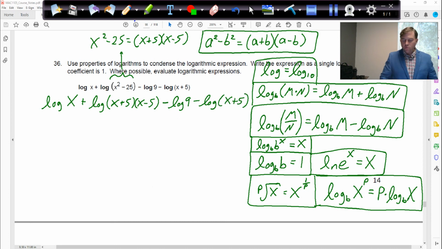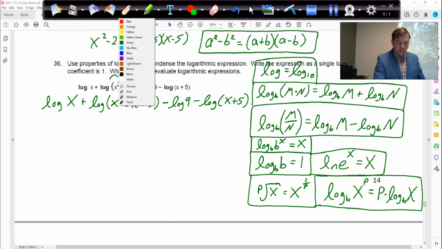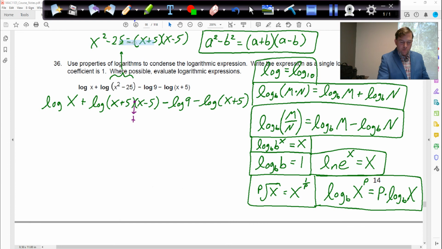Okay, now here we're trying to collapse this into one log, but I'm actually going to do the opposite first to get a shortcut. And that is to notice that this is being multiplied. So I can break that into two logs being added. So let's break those up.